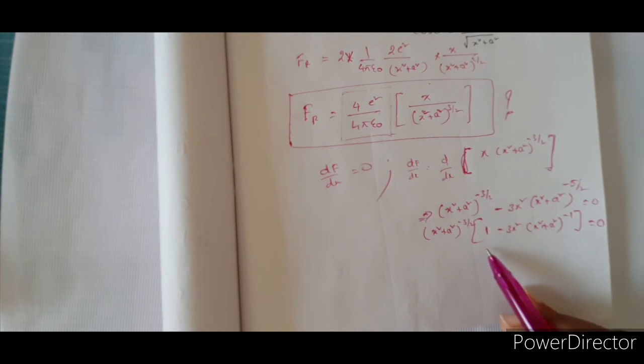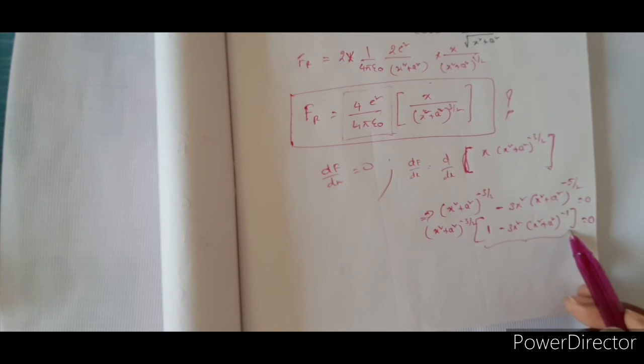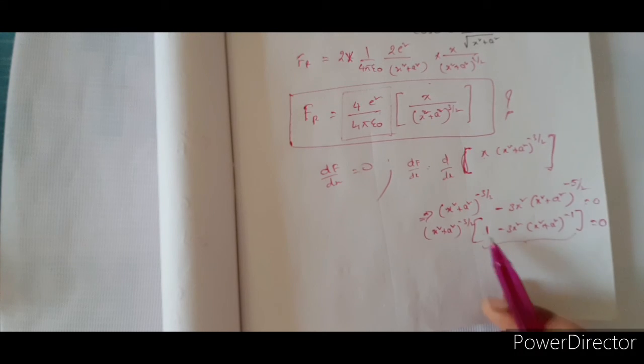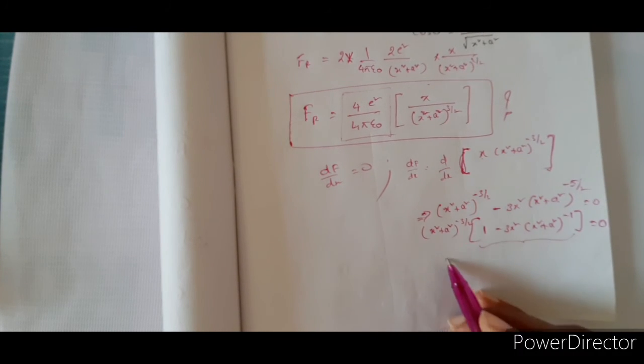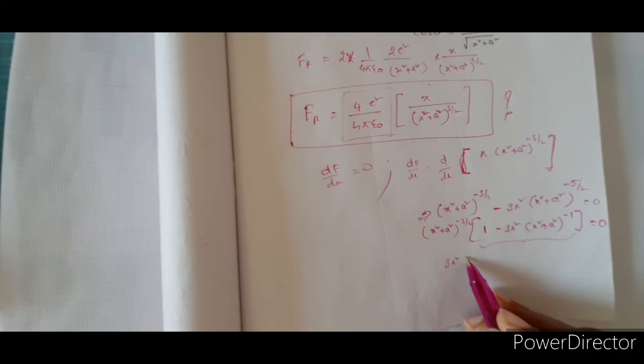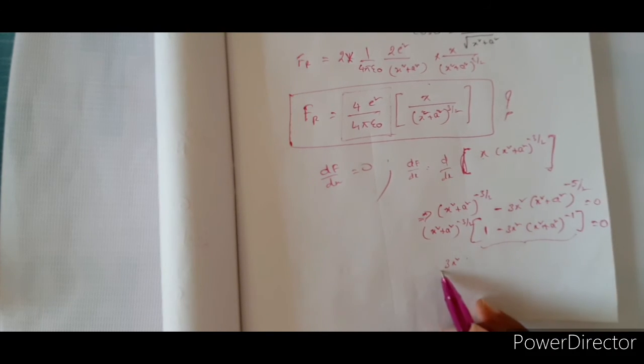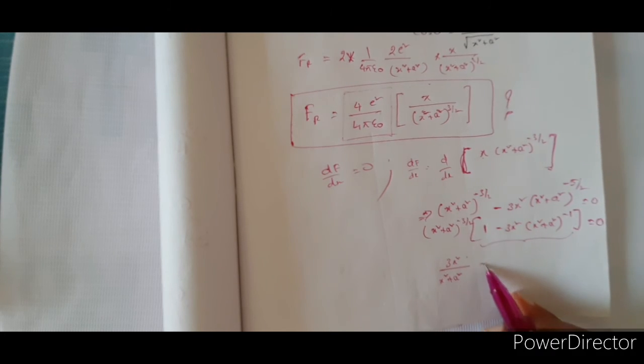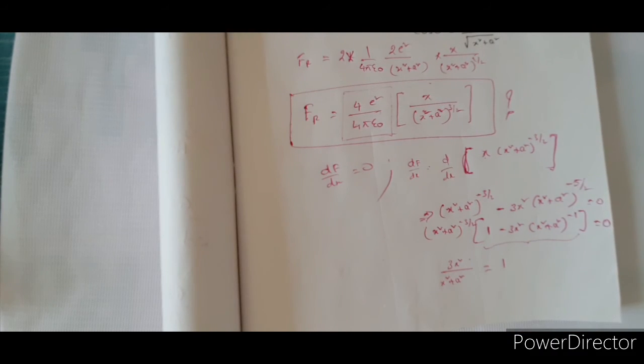So now taking this into consideration, 3x square into (x square plus a square) whole power minus 1, I will write as x square plus a square in the denominator, is equal to 1, yes or no?